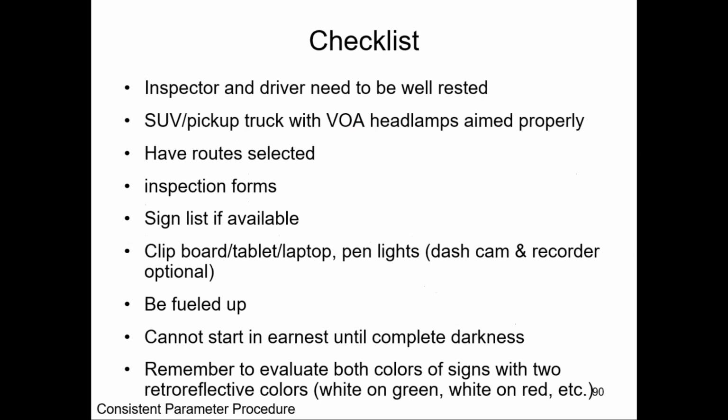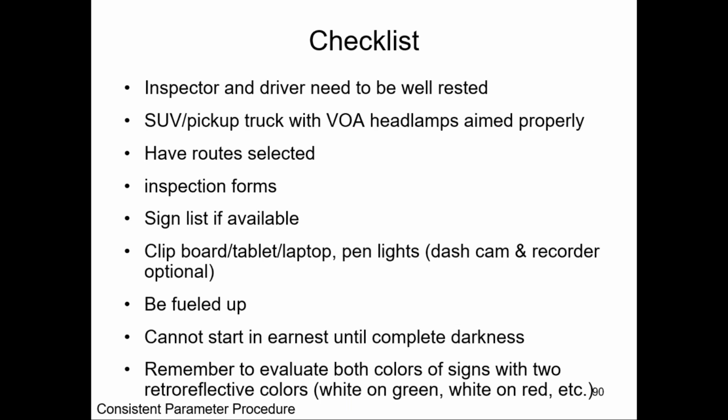Our checklist is kind of similar to what we saw before. Again, I think it's important to make sure you have a record that those headlights were aimed at a regular basis. Make sure you have your inspection forms or your devices ready to go.